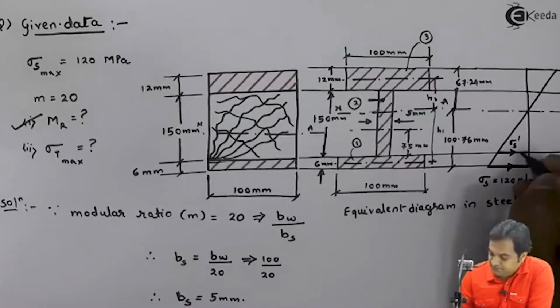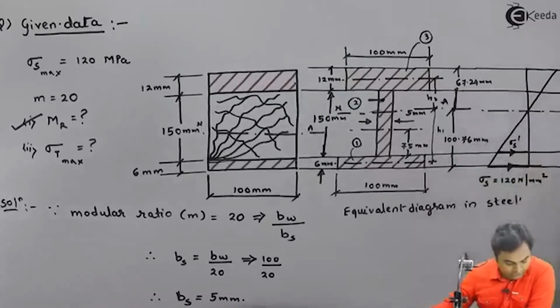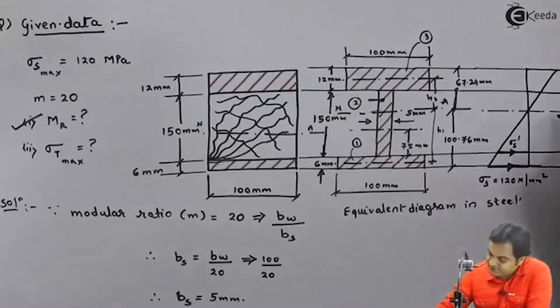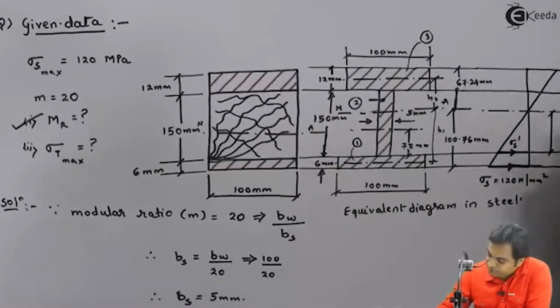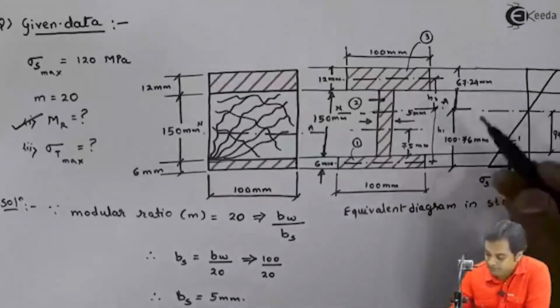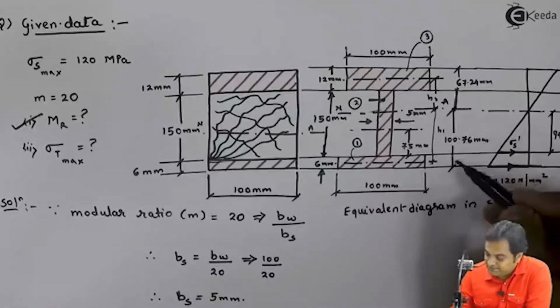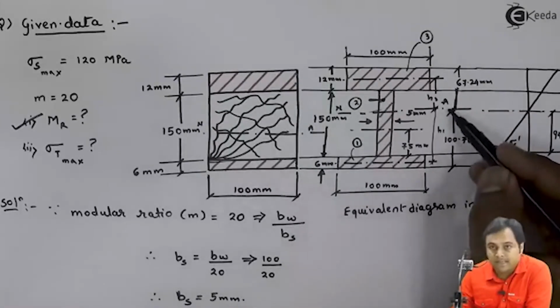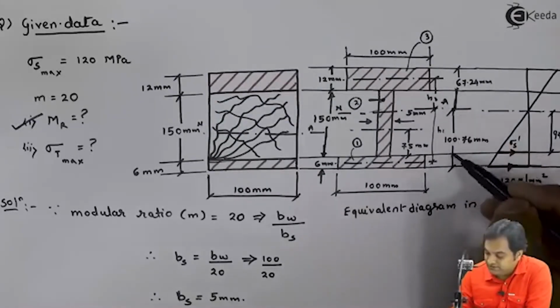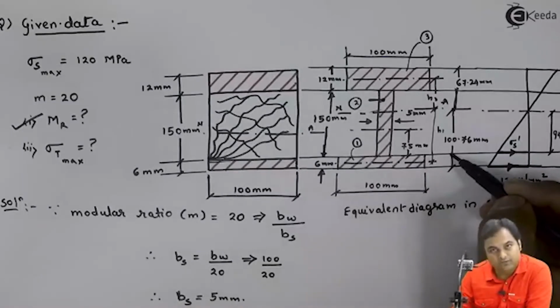The distance of sigma S dash would be from the neutral axis. I want to know this distance, and that distance is 94.76 mm. Why it is 94.76 mm is that from the bottom up to neutral axis it is 100.76. I need to calculate from neutral axis to the intersection of wood and steel.